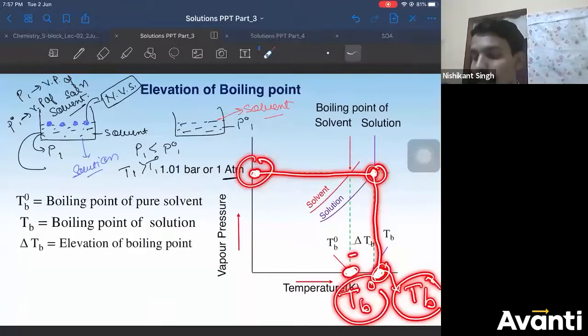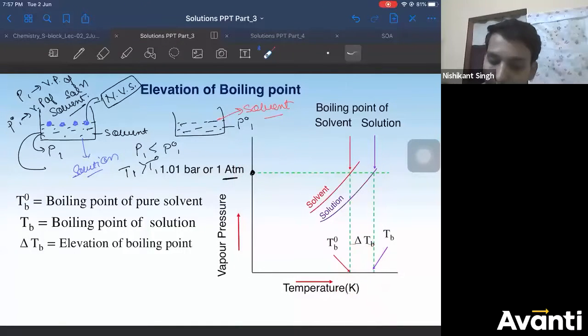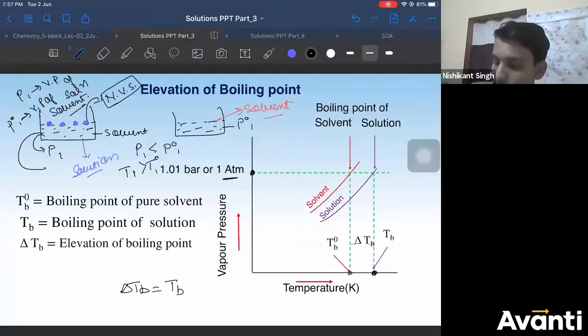You can see the boiling point is increasing. How much is the increase? We represent it by delta TB. So the boiling point change or increase is delta TB. What is your delta TB? The final boiling point, that is TB, minus the initial boiling point, that is T naught B.